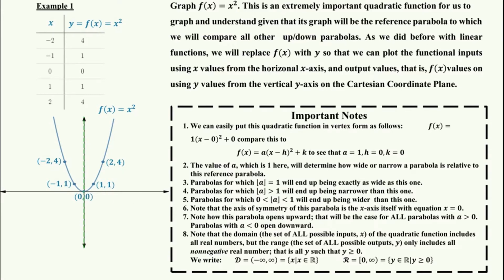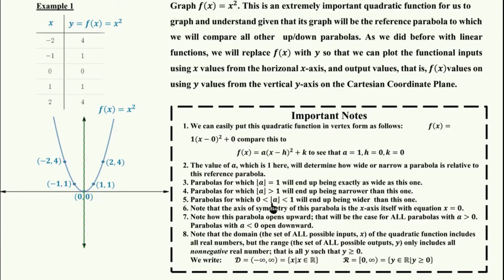And because of that, notice that whenever the absolute value of this constant that's multiplied in the beginning here is greater than 1, that's actually going to end up giving us a parabola that is vertically stretched, so it'll actually end up looking narrower than this parabola.